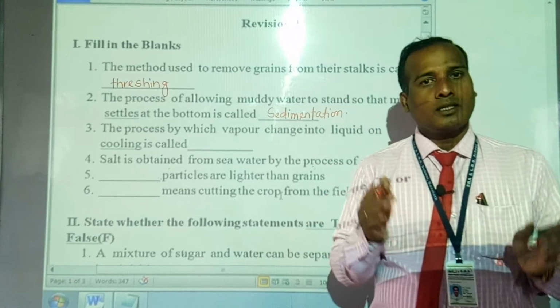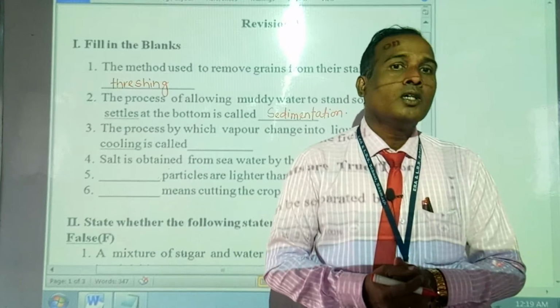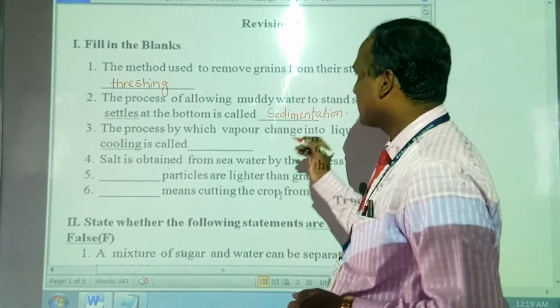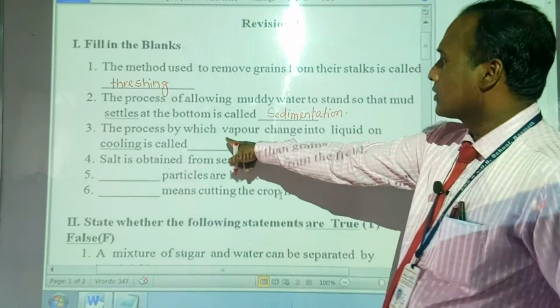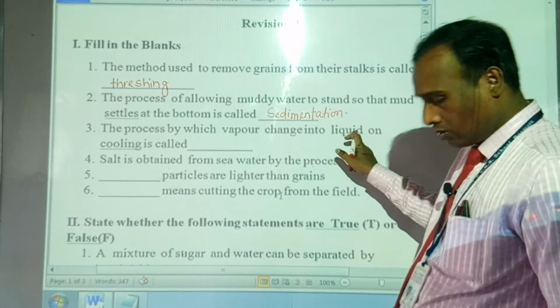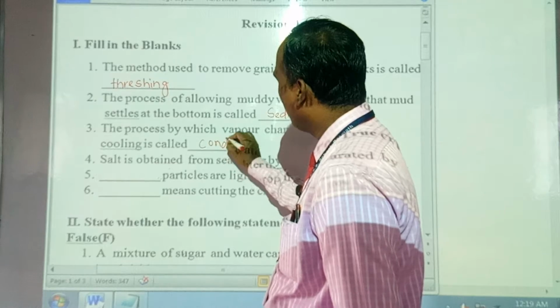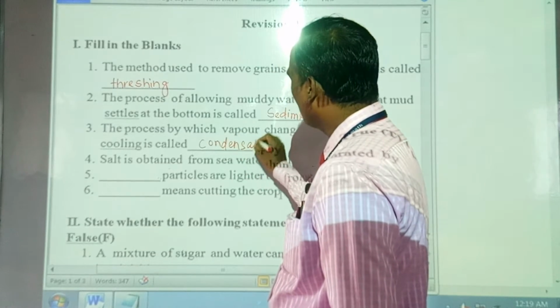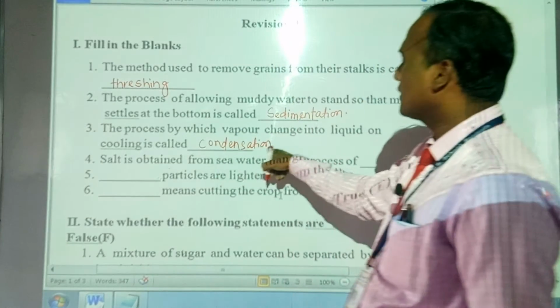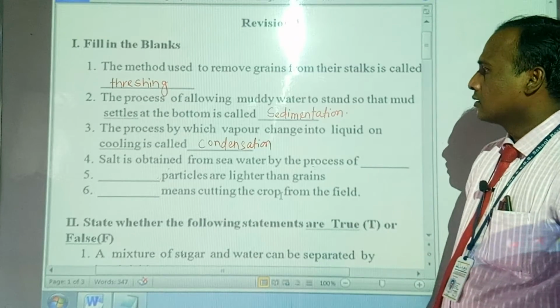The process is called condensation. By condensation, water vapor changes into liquid whenever it gets cooled. That process is called condensation.